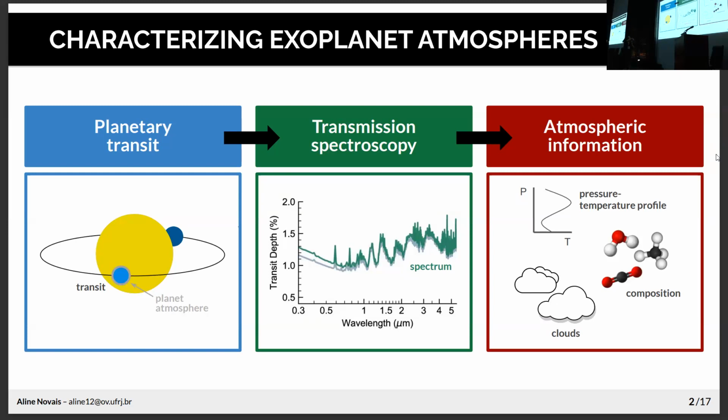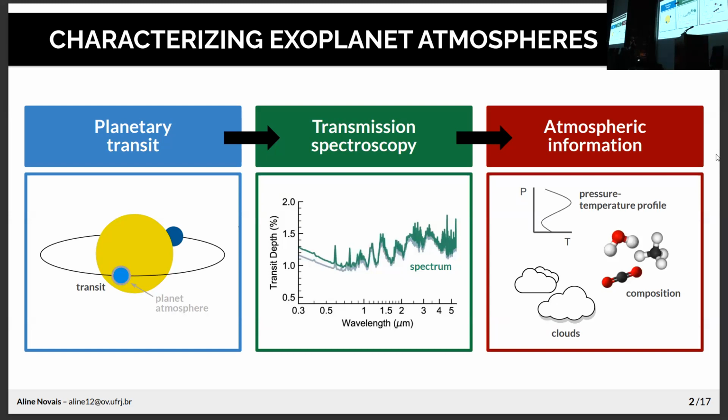And if the planet has a significant atmosphere, we can try to infer what this atmosphere has. So if we observe it, we can obtain what we call a transmission spectrum. Of course, we have different kinds of spectra, but this is the one I'm working with. And then if we analyze this kind of spectra, we can try to infer some atmospheric information.